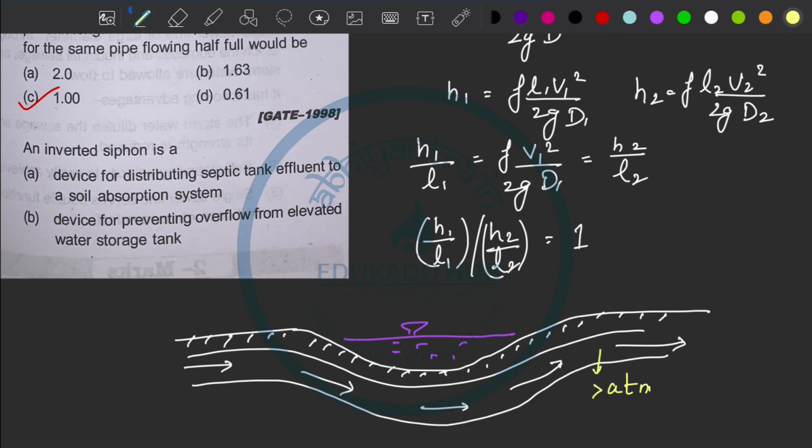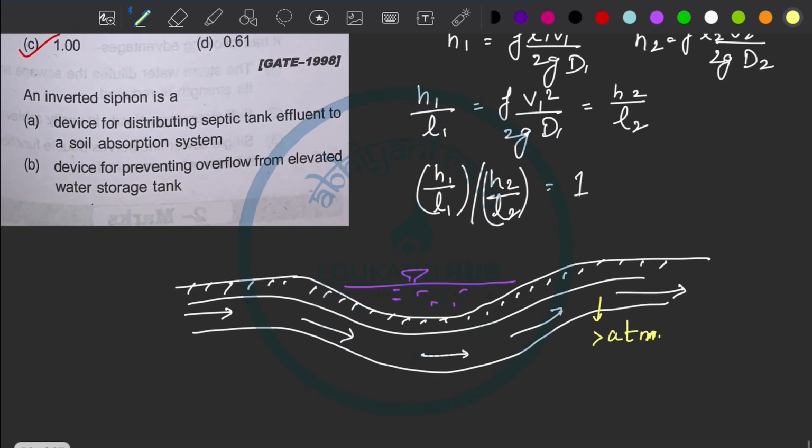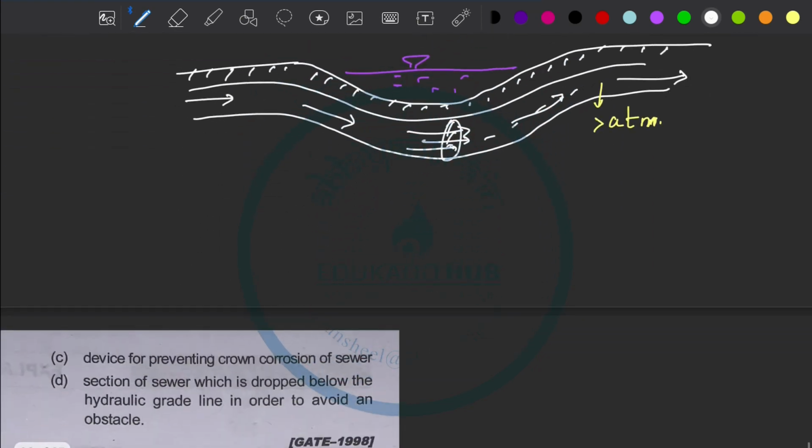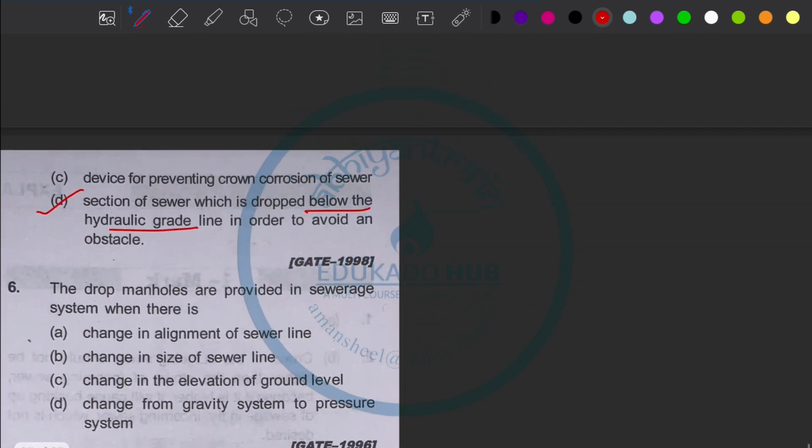It should also run fully, because if it is not running fully, there can be air gaps that will create problems in future. So the inverted siphon matches a section of sewer dropped below the hydraulic grade line in order to avoid an obstacle. Option D is correct.